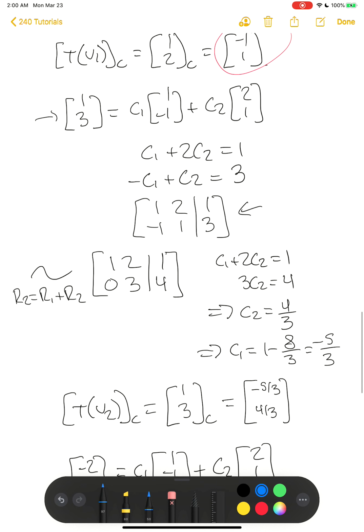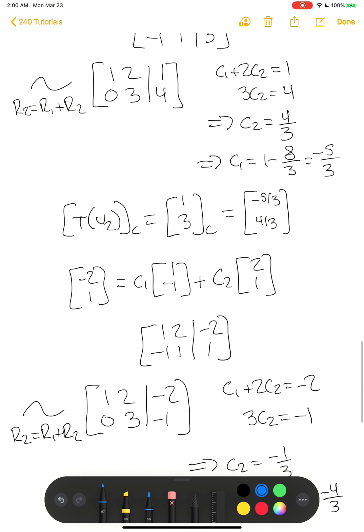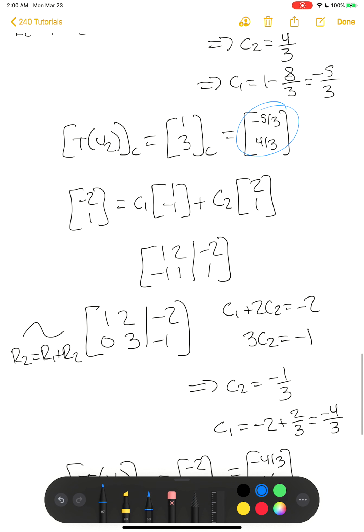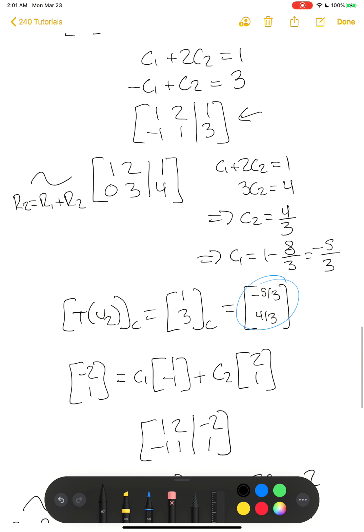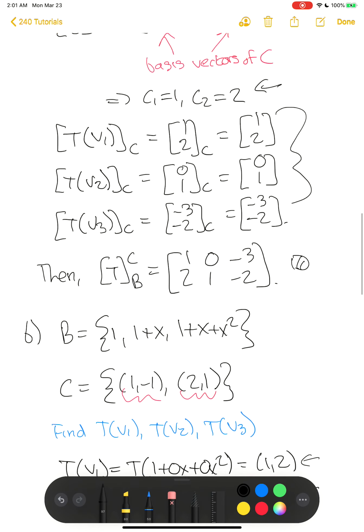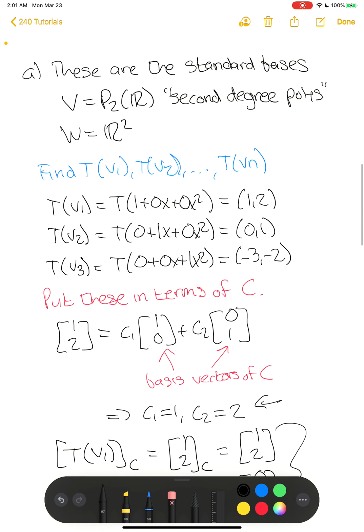Our second one was right here, negative 5/3 and 4/3. And then our last vector here, negative 4/3 and negative 1/3. And now you're done.